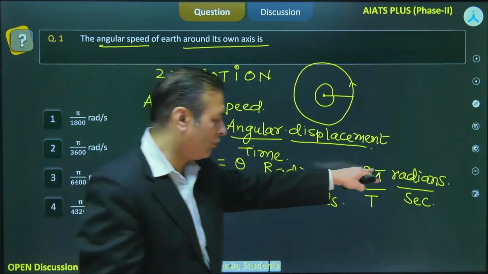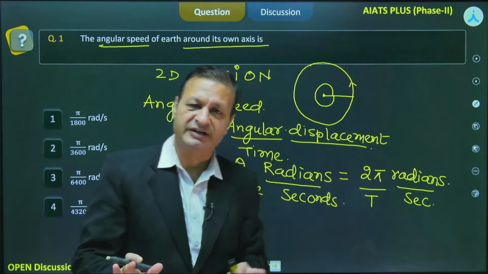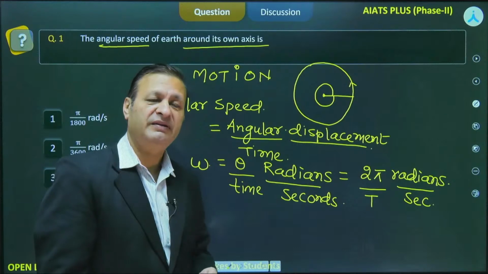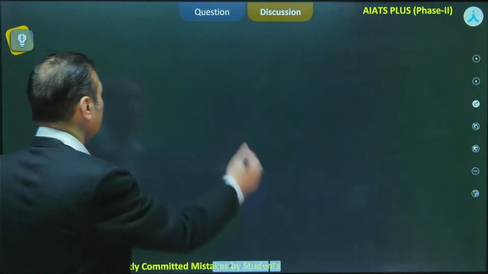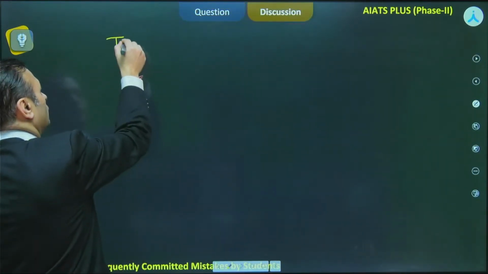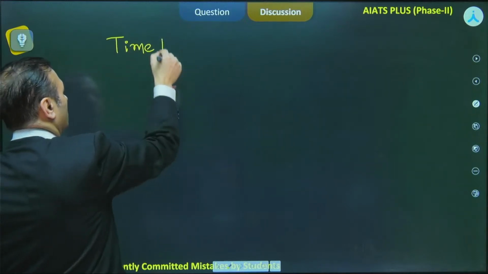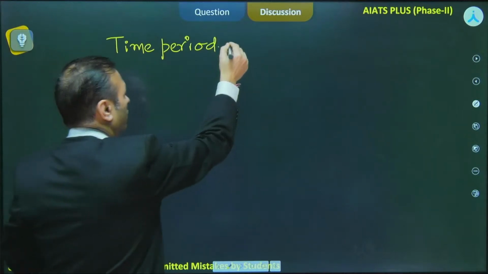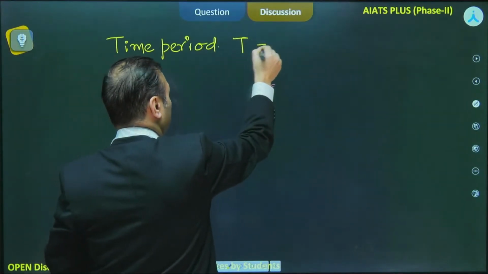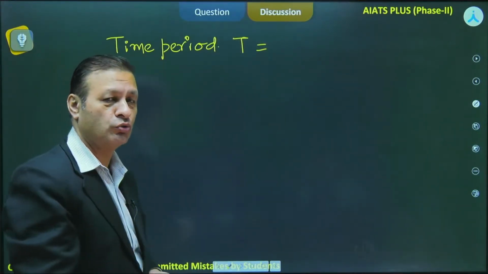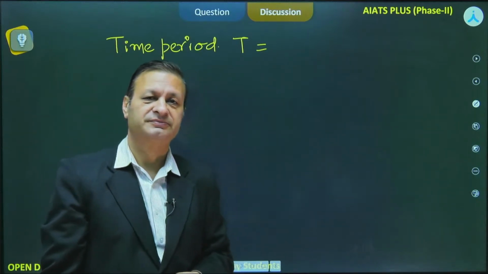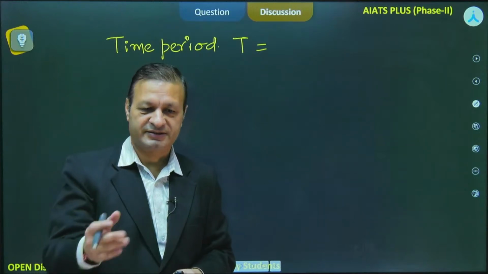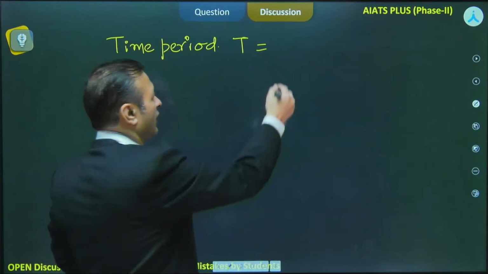The formula we have already understood, that is 2 pi by T. So what is the time period for the rotation of Earth about its own axis? Any idea? Yes, that is 24 hours.